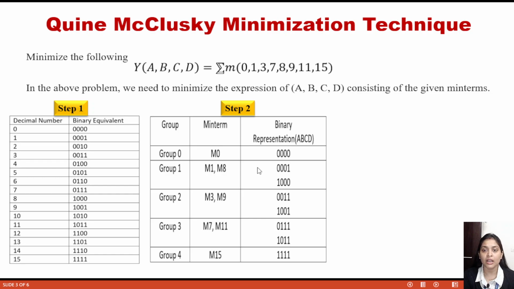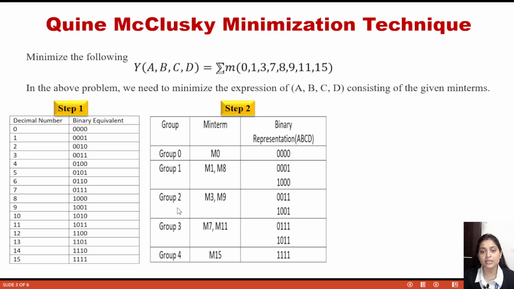Here, decimal number 1 is binary 0 0 0 1, and decimal number 8 also has only a single 1, that is 1 0 0 0. So we will represent these two numbers, m1 and m8.